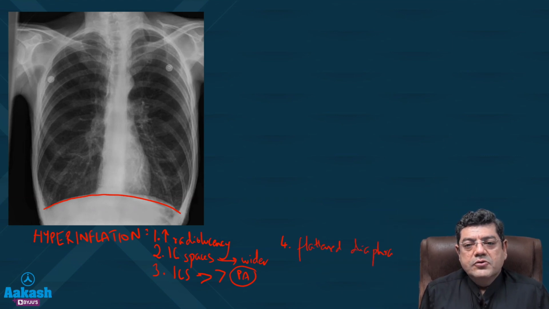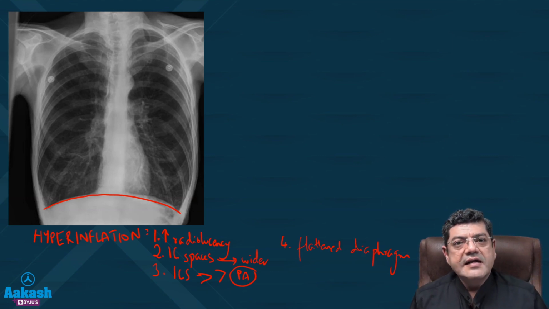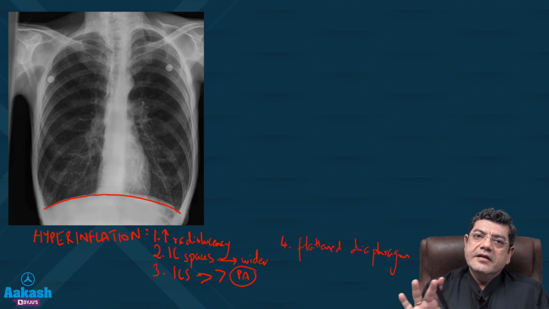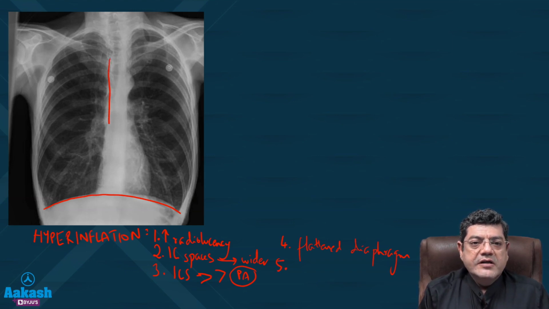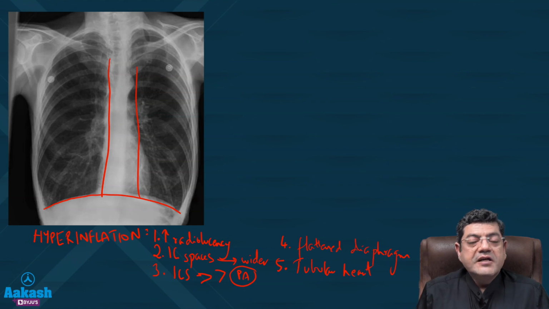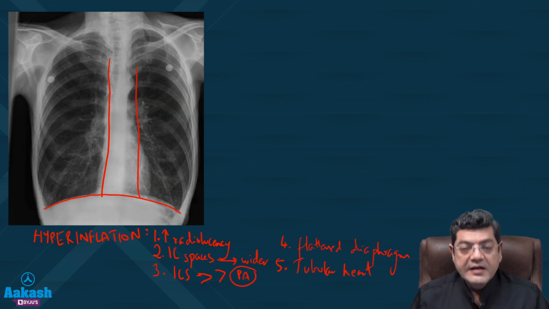I'll just show you a normal chest X-ray and it will be easier to understand these findings when you compare it with this X-ray. And the fifth manifestation of hyperinflation is what they call a tubular heart. The mediastinum also gets compressed because of the hyperinflation.